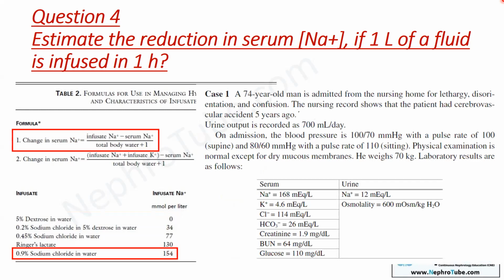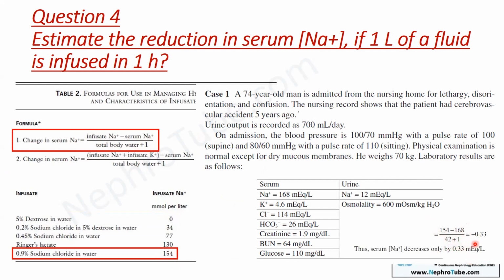Let's go back to our patient to apply this. In this patient, we decided to give, as we discussed before, normal saline. So let's substitute in the equation. For normal saline, the infusate sodium here is 154, so 154 minus the serum sodium of the patient, which is 168, over the total body water plus 1.